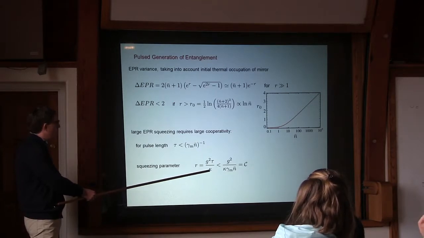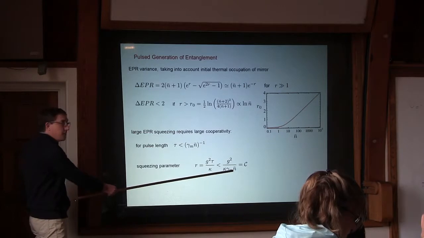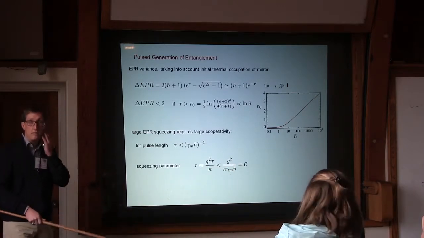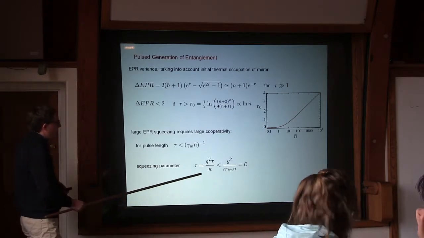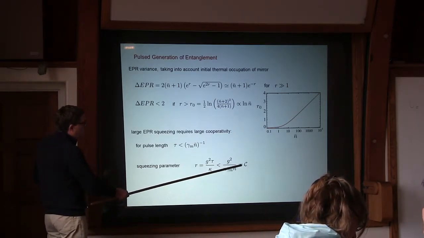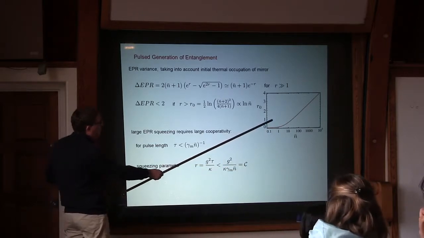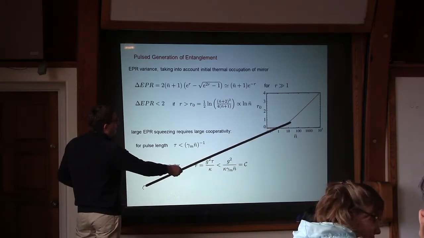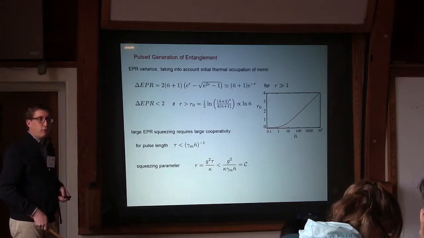And that sets now an upper limit for this r, and this upper limit is g squared over kappa times gamma plus R, and this is nothing else than the cooperativity. So it pops up again. If you have an optomechanical system with a large cooperativity, larger than 1 or so, we already can tolerate a number of 10, 20 initial thermal phonons.